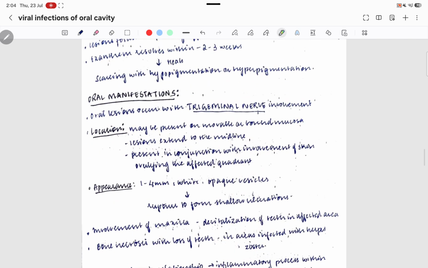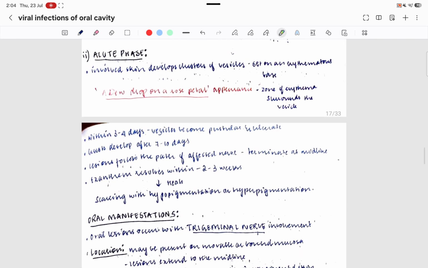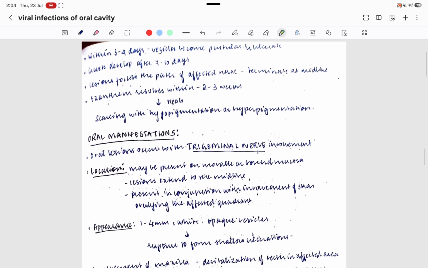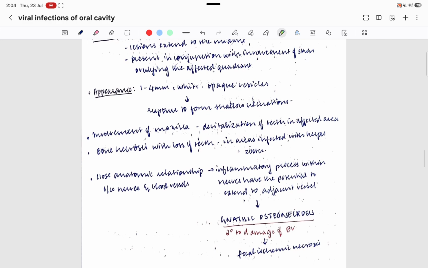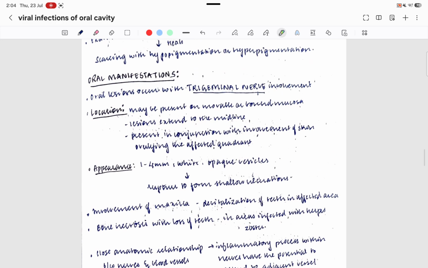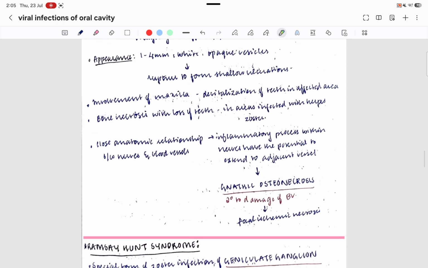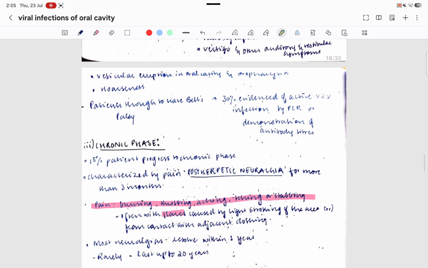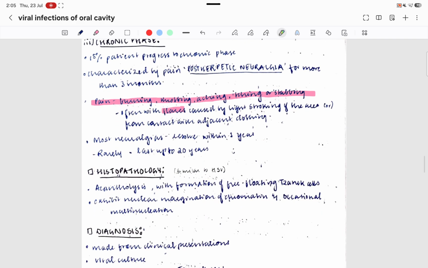In the acute phase you saw that there was a dewdrop appearance on a rose petal. Then orally the trigeminal nerve was affected, with shallow lesions involving the trigeminal nerve. And then we move to the chronic phase, where there is post-herpetic neuralgia.